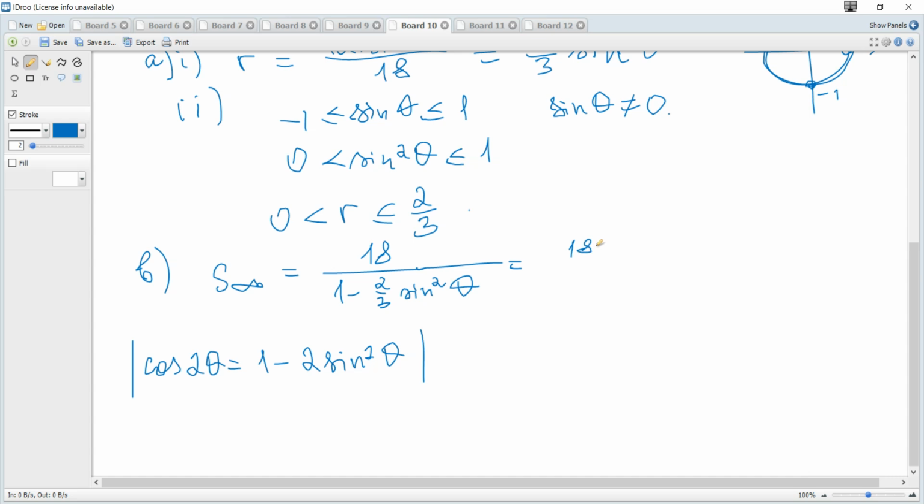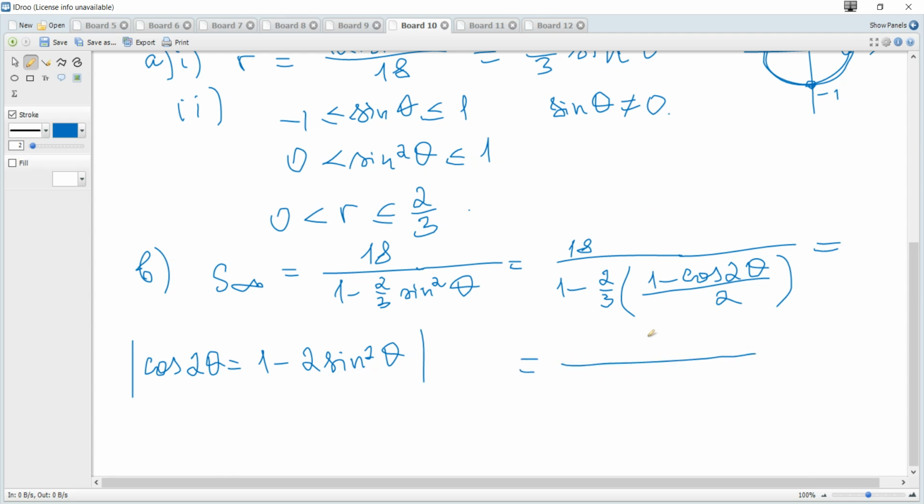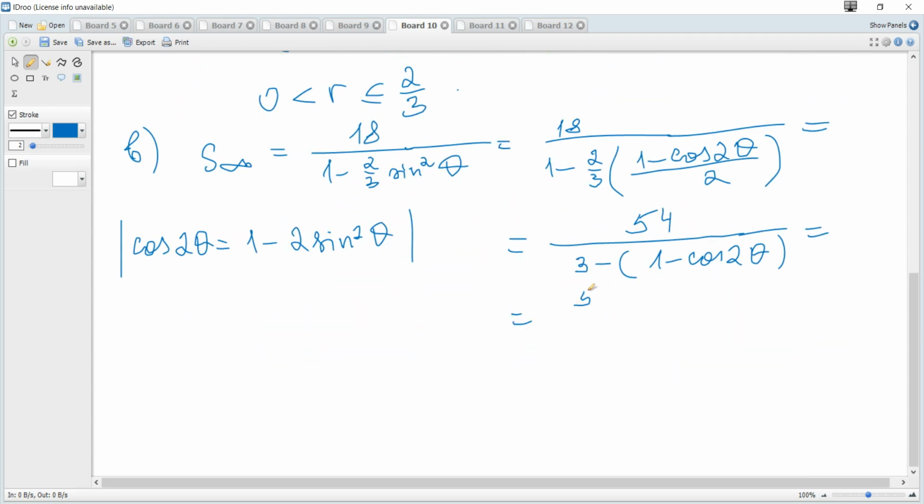Hence it becomes 18 over 1 minus 2/3 multiplied by 1 minus cosine of 2 theta divided by 2, and you can see that 2 cancels, and multiplying each term in numerator and denominator by 3, we get 54 over 3 minus 1 minus cosine of 2 theta, and we get 54 over 3 minus 1, which is 2, plus cosine of 2 theta, as required.